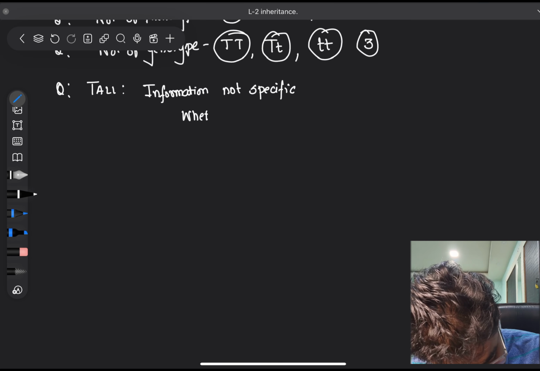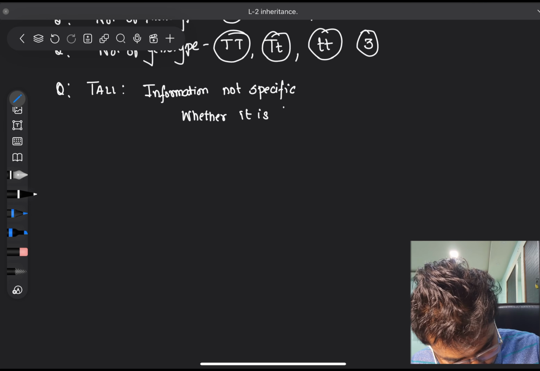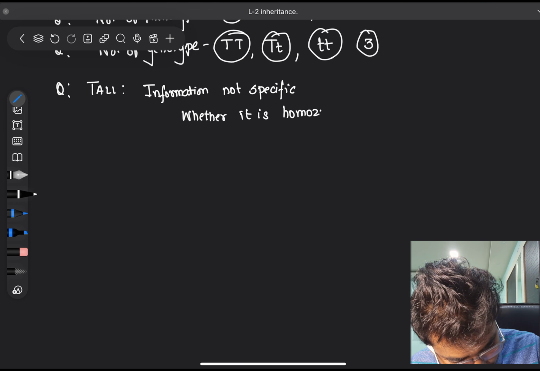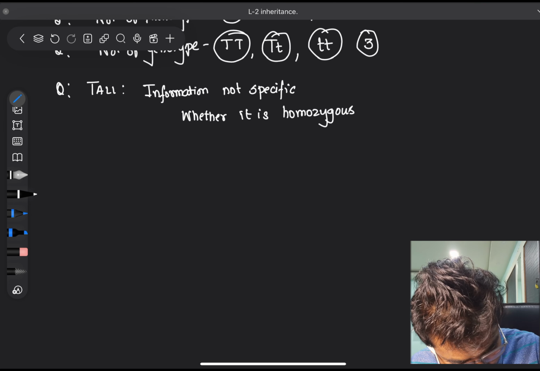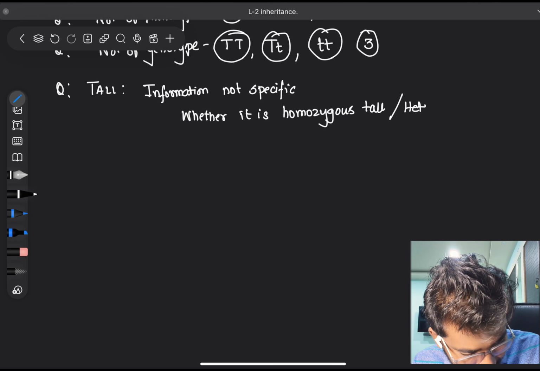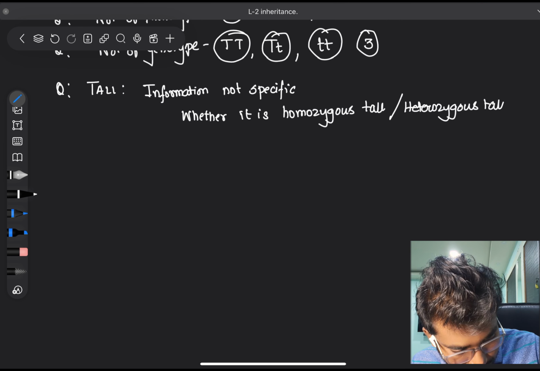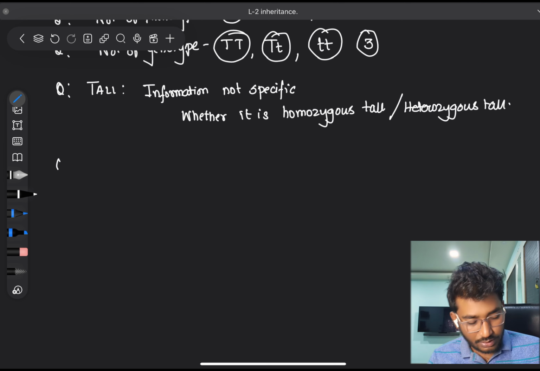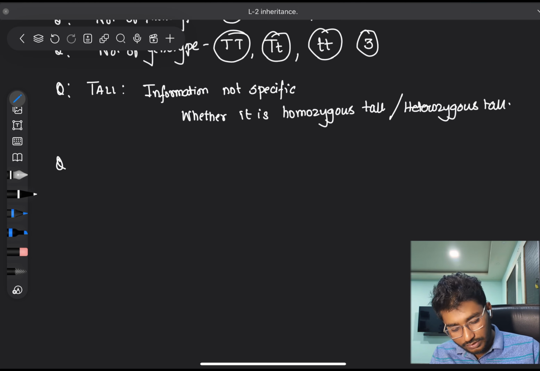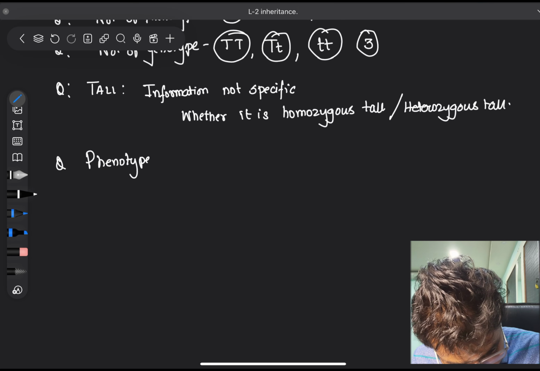Whether it is homozygous tall or heterozygous tall. Okay. Now the next question comes here. Phenotype. What is the phenotype here?